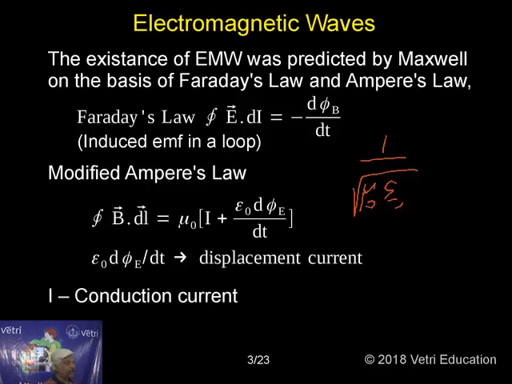Substituting, he got the value 3 into 10 power 8 meter per second. This is nothing but the velocity of light. So the property of electromagnetic wave also matches with light, and he boldly suggested that light rays are also electromagnetic in nature.